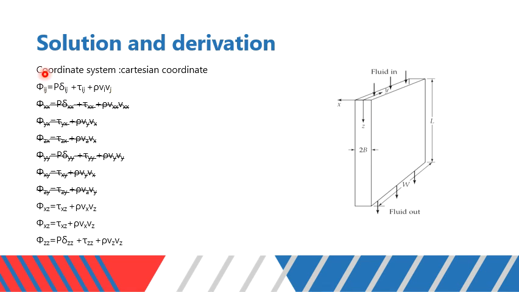We are taking Cartesian coordinates. As we know, velocity in the x direction and y direction are zero. That's why flux of xx, flux of xy, and flux of yy are zero. So we will only deal with flux in the z direction.